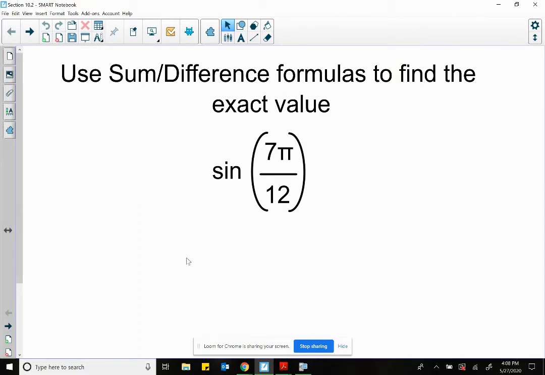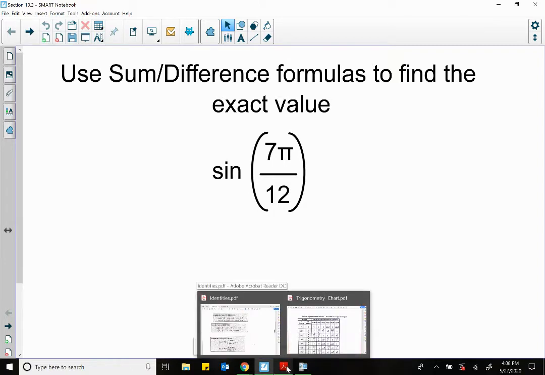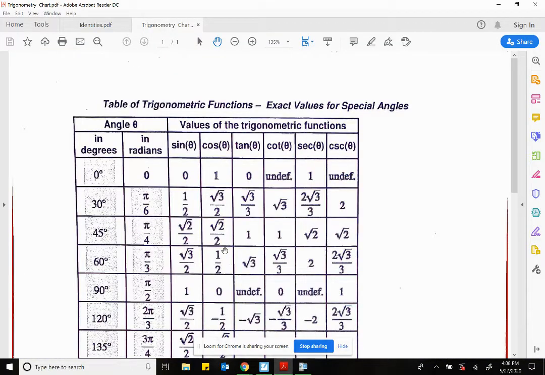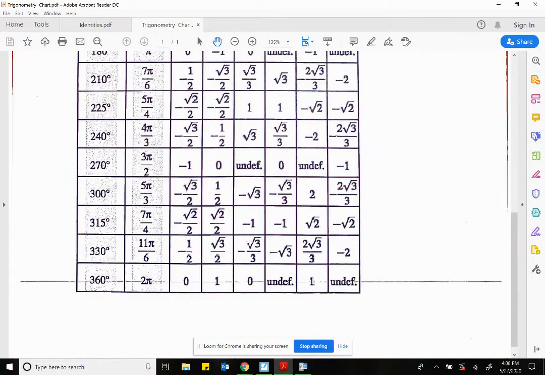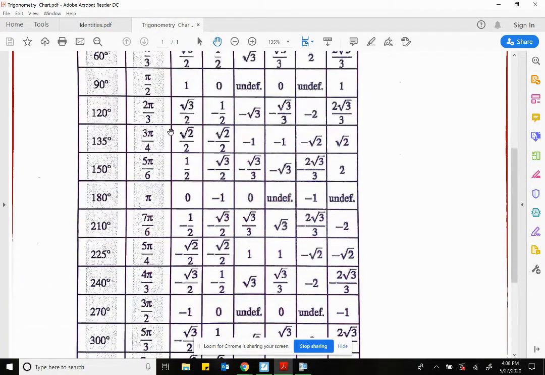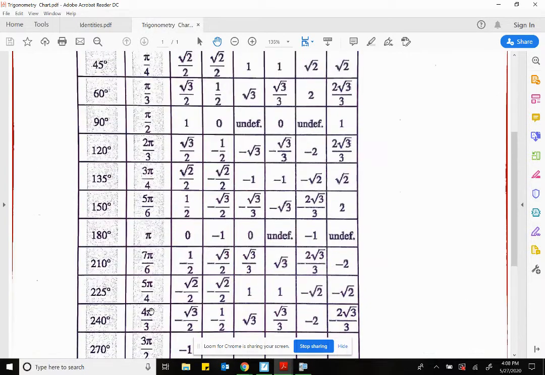Now, if you go to your chart, which from here on out you can use all the way through, so I'm not going to limit you on this. If you look through here, you don't see a 7 pi over 12. Okay?